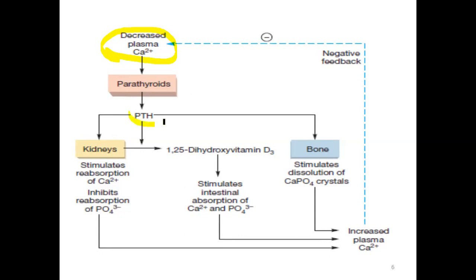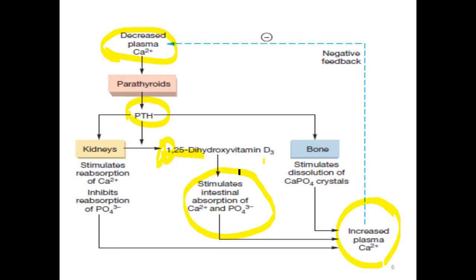Now the gland will produce more of the hormone so that it affects the kidney and the bone to increase the calcium level in the serum. So when the PTH is elevated, what will happen? It activates vitamin D activation in the kidney by activating what? First hydroxylation, so that when vitamin D is activated, it promotes intestinal absorption of calcium. So this ultimately increases the plasma calcium level.